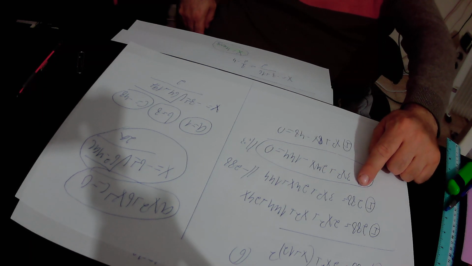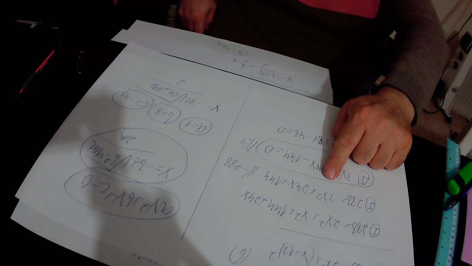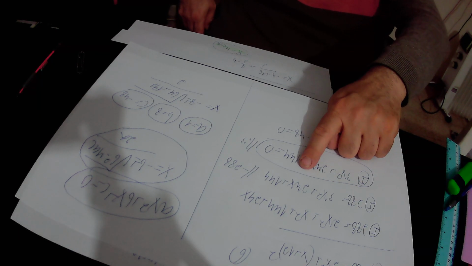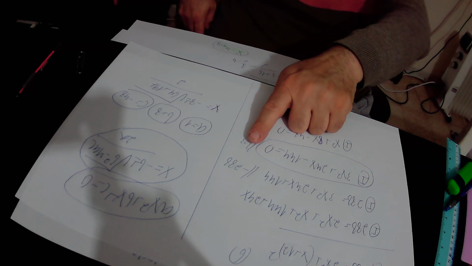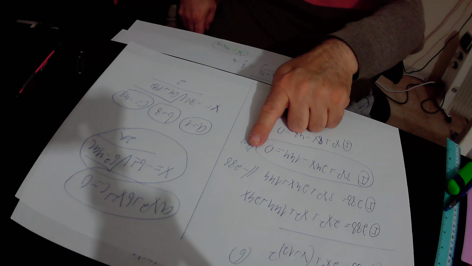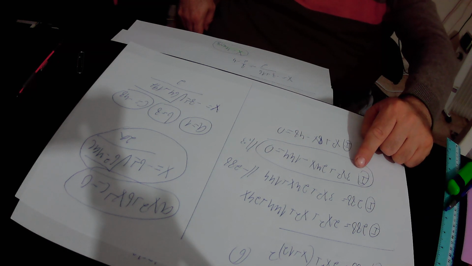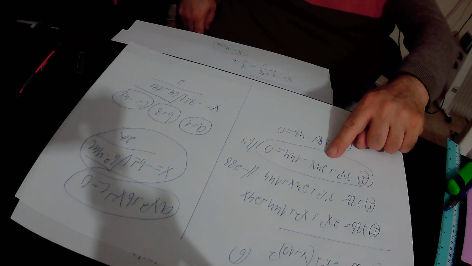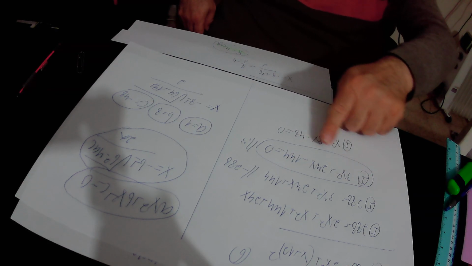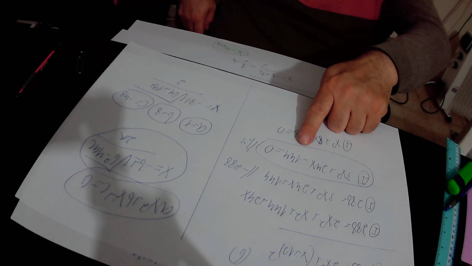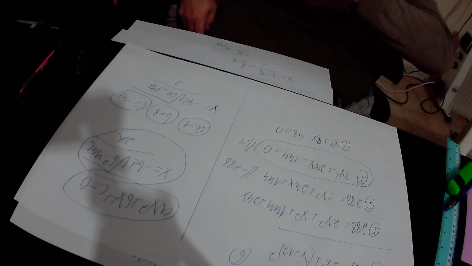So 288 equals 2x squared plus x squared, that is 3x squared, plus 24x plus 144. Here we subtract 288 from this equation, equation 1, and we finally found out that 3x squared plus 24x and 144 minus 288 equals minus 144, that is equal to 0.